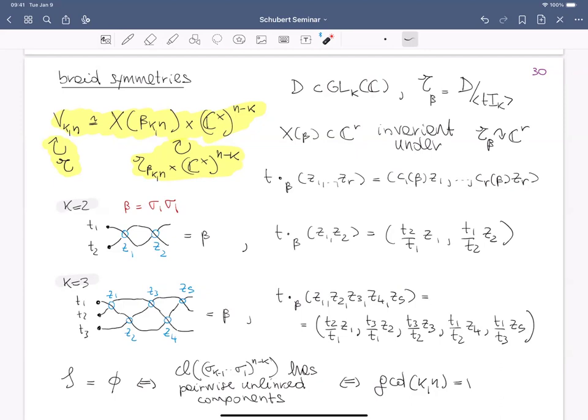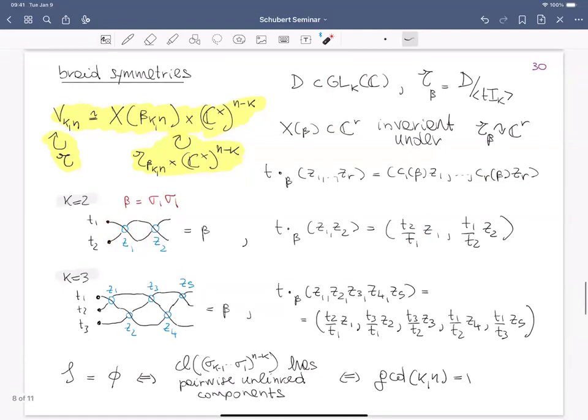And then the action of T on Z1, Z2 will be rescaling by some weights, and the weight of Z1 will be obtained by following the strings that enter Z1 from the left and taking the ratio between the label of the lower string and the label of the upper string. So T2 over T1 in this case. For Z2, you do the same. You follow the strings that enter Z2 from the left. You take the ratio of T1 over T2 because T1 is the label of the lowest string and T2 is the label of the upper string.